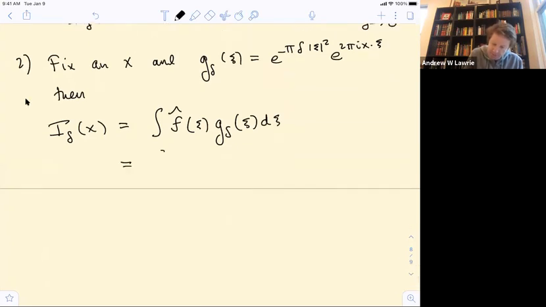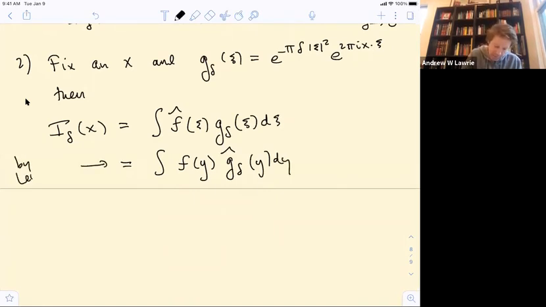But on the other hand, I can move the hats, so this is equal to f of y, let me call this y, f of y times g delta hat of y dy, and this is by Lemma 4.